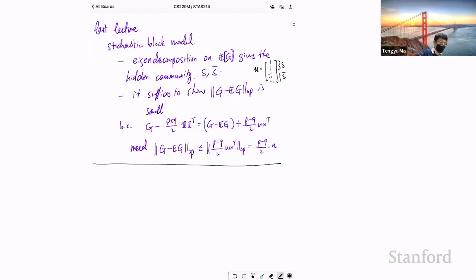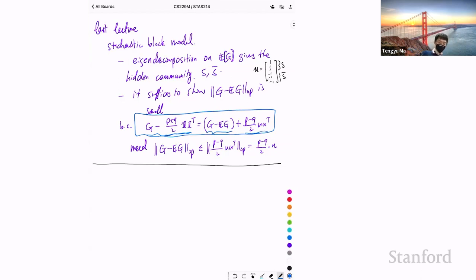And we have argued that it suffices to show that the graph G and the expectation of G are close enough in the operator norm. This is because if you consider this equation, you subtract the first eigenvalue from G, and then what you get is that G minus the first eigencomponent is equal to this perturbation matrix plus the contribution of the second eigenvector.